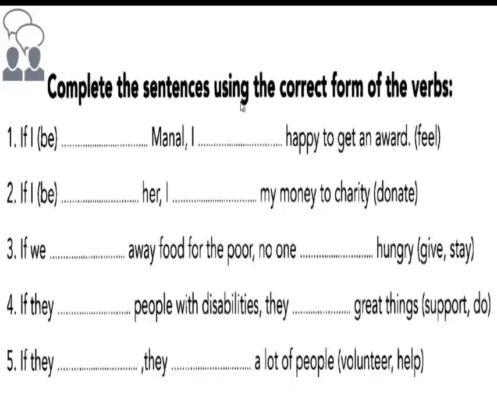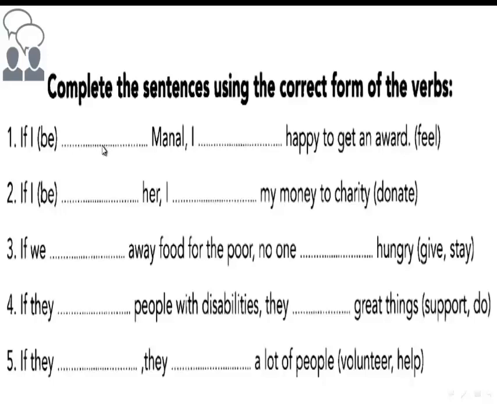Let's check our understanding with this exercise on page 31. Complete the sentences using the correct form of the verbs. Okay? Number 1, if I, here they gave me be, the base form of the verb. So I should use here past tense, the second form of the verb.